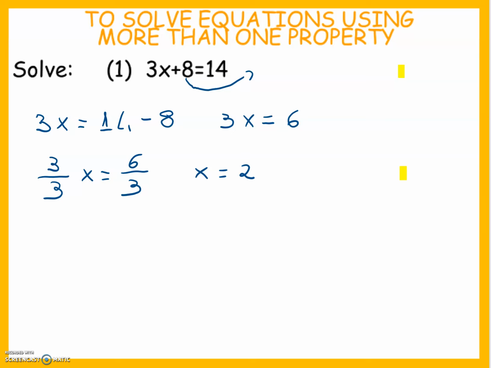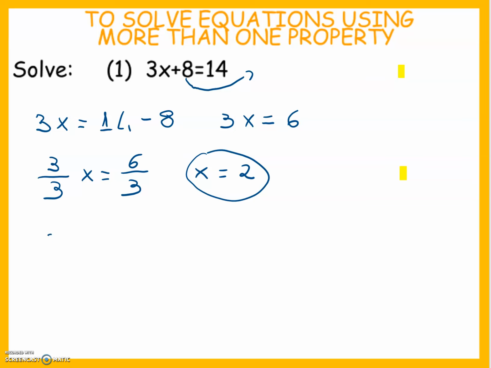So if the equation is correct, I must have the same quantity on the left side and on the right side. So I will substitute x with the number that I found and see if this is an equality.